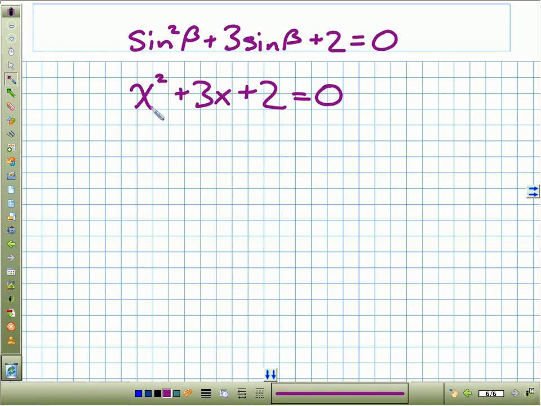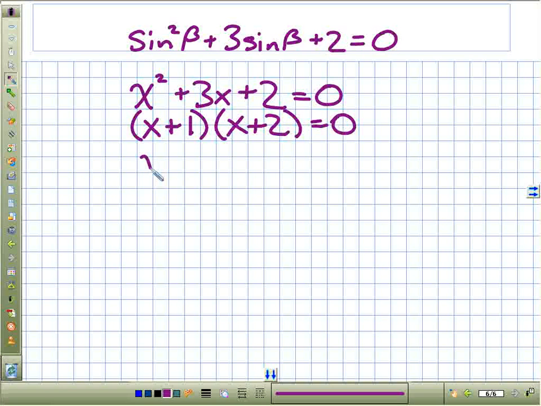If we were solving this for x, what would you do? Yeah, you could factor this into x plus 1, x plus 2. Right? And then we have x equals -1 or x equals -2. Does everybody remember that?